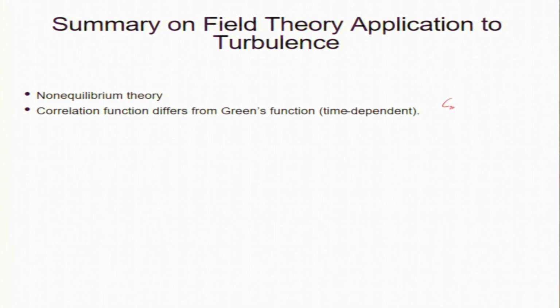Both of them have a similar form for time dependence, but the correlation function was this, while the Green's function was simply this. So, there is a big guy sitting there, C_n. And of course, these are time dependent. When I was doing equilibrium theory, there was no time dependence. So, that is a major difference.